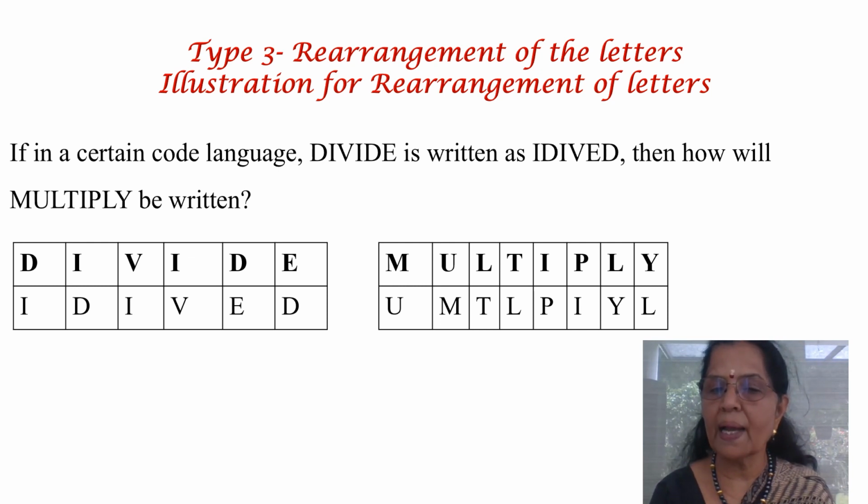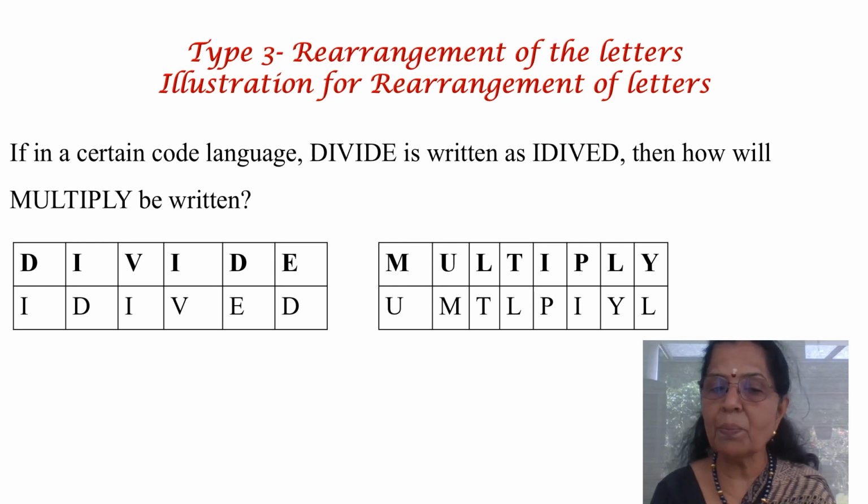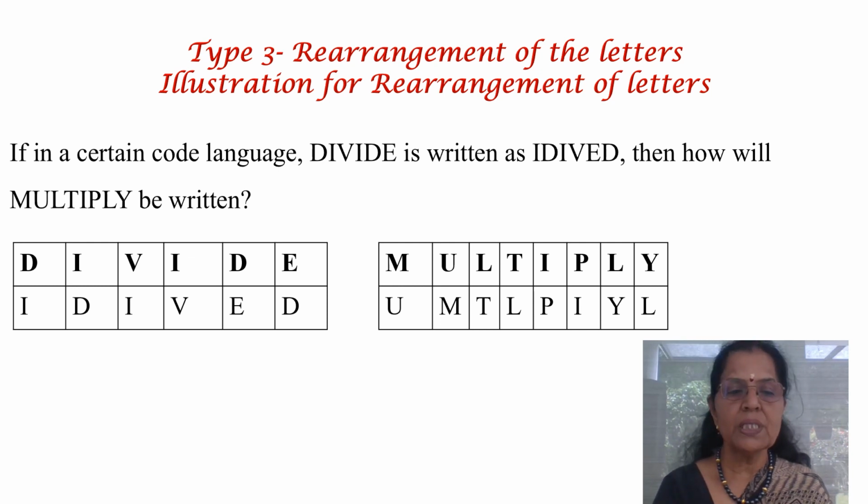Always, I have told you, read it with the additional words, then the meaning will become clear to you. If in a certain coding language the word DIVIDE is written as IDIVED, then how will the word MULTIPLY be written? So here, you are going to find out the pattern. DIVIDE is written as IDIVED.